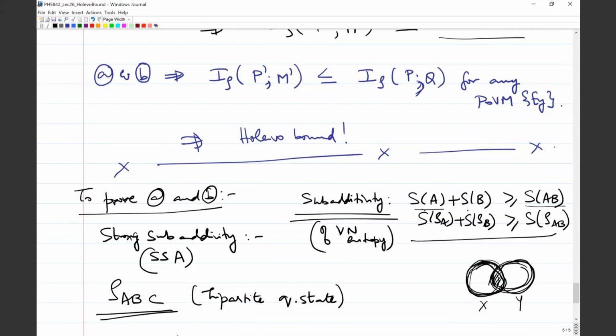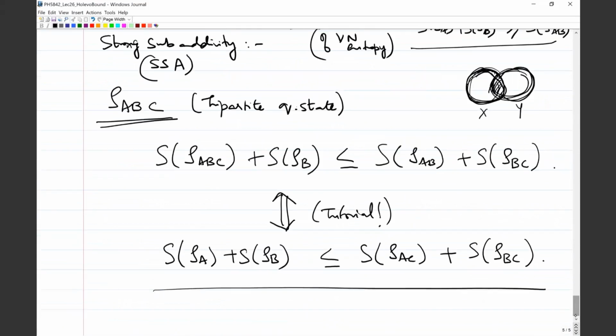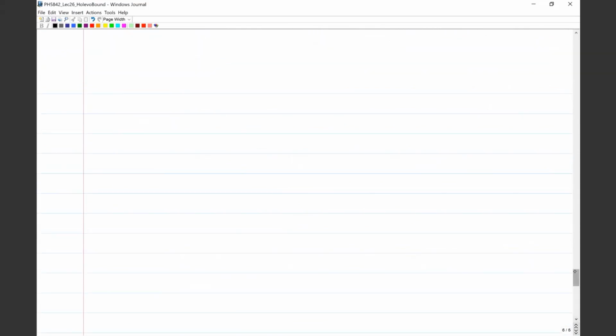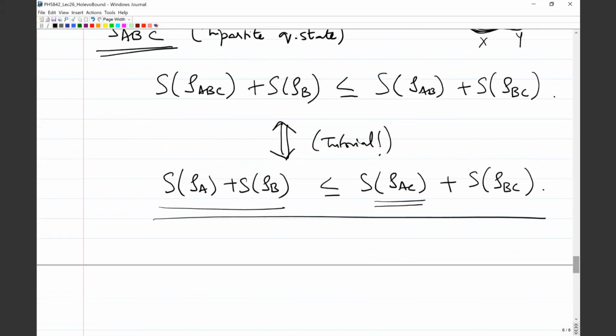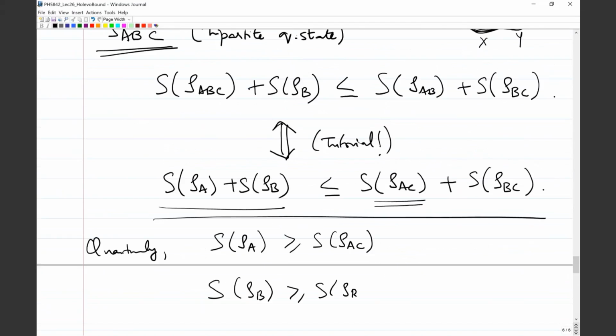What this is saying is that if I have a tripartite system, the sum S_A + S_B is still constrained by the joint entropies AC and BC. So I can, for example, have S(ρ_A) greater than or equal to S(ρ_AC), which is possible quantumly, and S(ρ_B) greater than or equal to S(ρ_BC), but the sum cannot be larger than the sum of these. Do you understand?